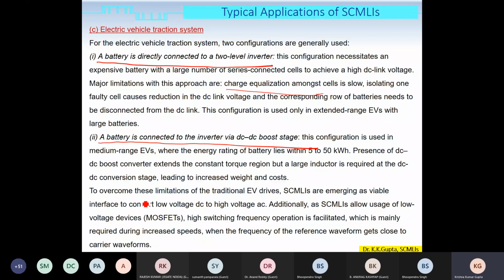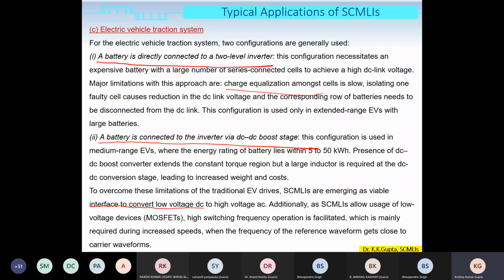So SCMLI is a viable interface because of one very important additional advantage: basically, you are controlling the speed of the motor with the help of the reference signal, and if the speed is high, then the frequency of your reference signal is very large, right?